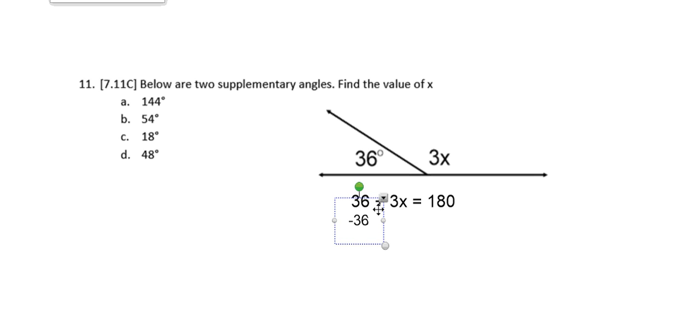So I'm subtracting 36 from this side, and I better subtract it from the other side. So then what I end up with is 3x equals 144.